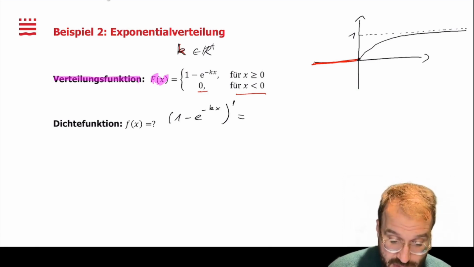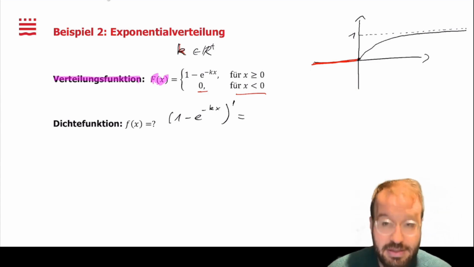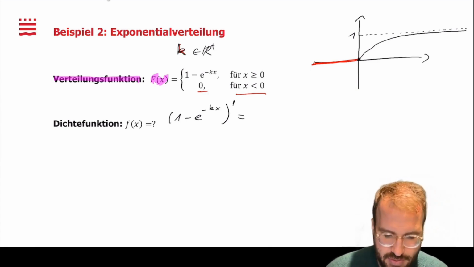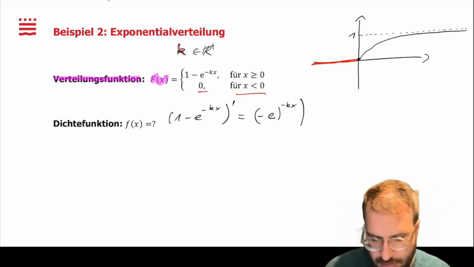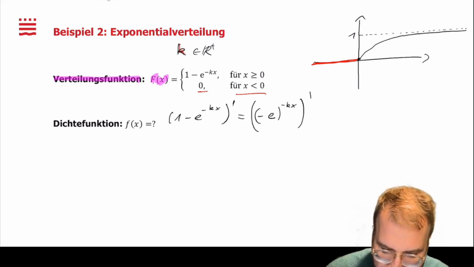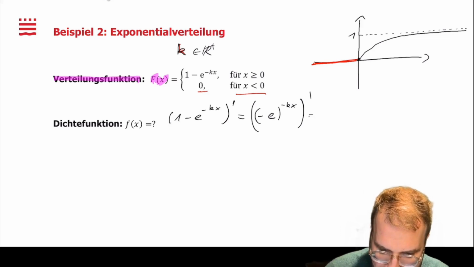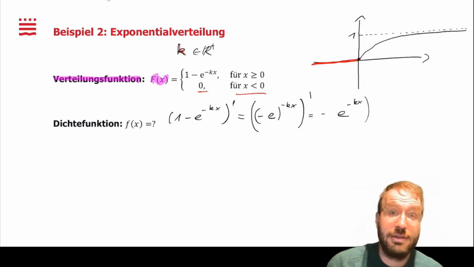First, we have the summand 1. The derivative of 1 is 0, so that cancels out. This means we only have the derivative of minus e raised to minus kx. So we can definitely factor out the minus. That means we need to differentiate minus e raised to the power of minus kx.